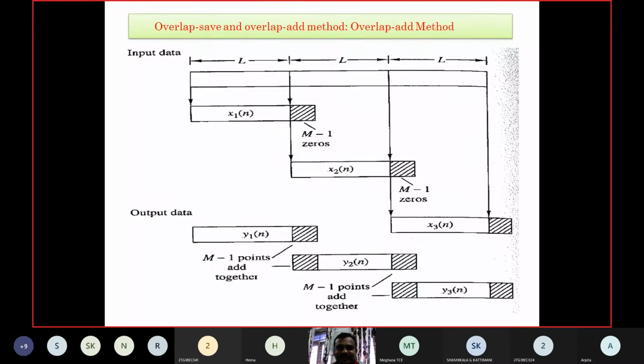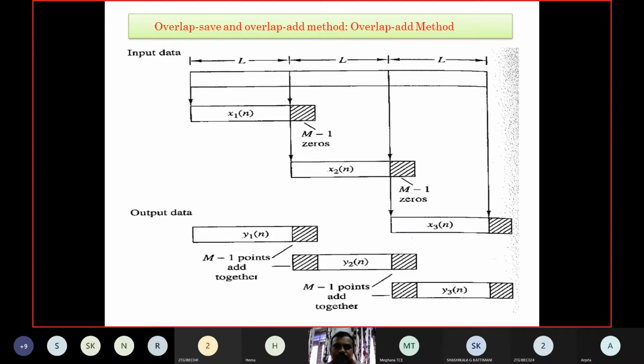So here it is the overlap save method, and we solved a problem on that one. Let us move towards another concept, that is how to resolve long sequence data, the overlap add method. Once again, the long sequence is divided into a number of blocks, and the size of each block is L plus M minus 1.